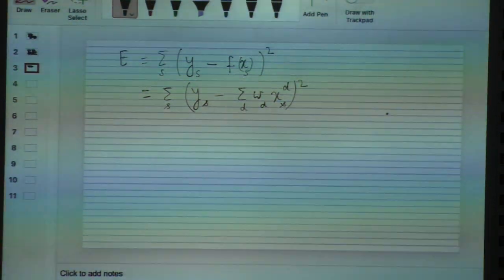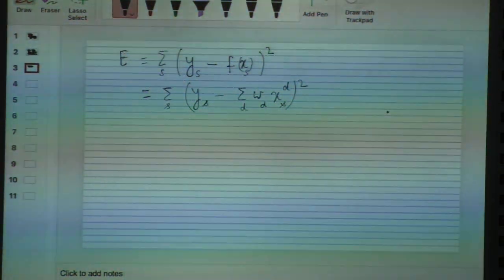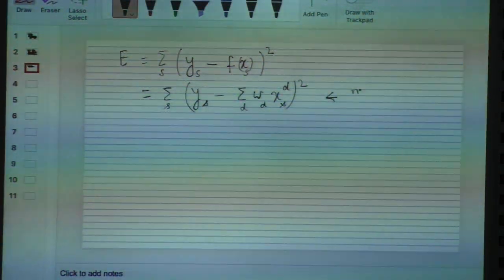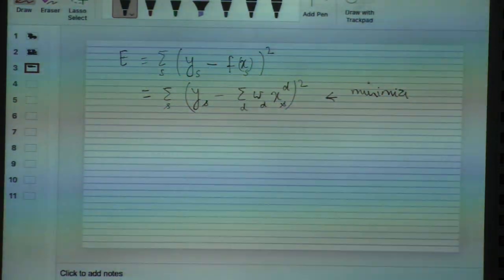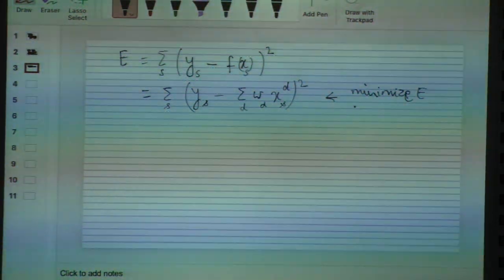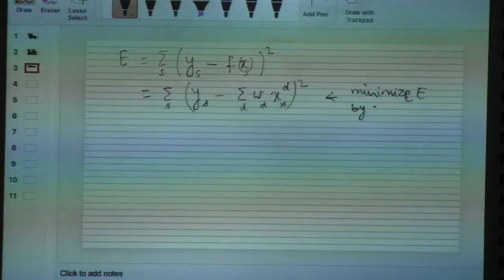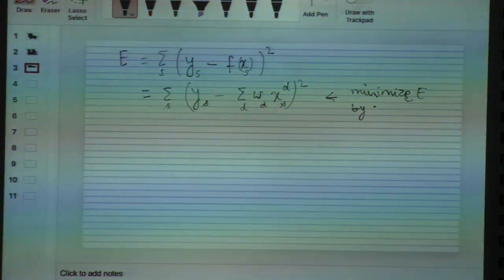Can I write like this? Right? Now I want to minimize this. By that I mean, what do I change? Ys are fixed, they are given to me.